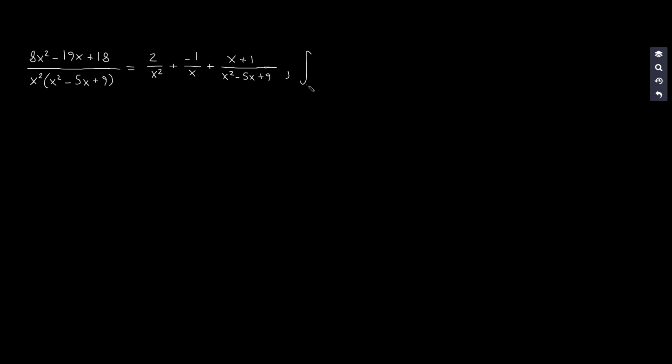So we're going to have the indefinite integral of 8x squared minus 19x plus 18 over x squared times x squared minus 5x plus 9 quantity integration with respect to x.